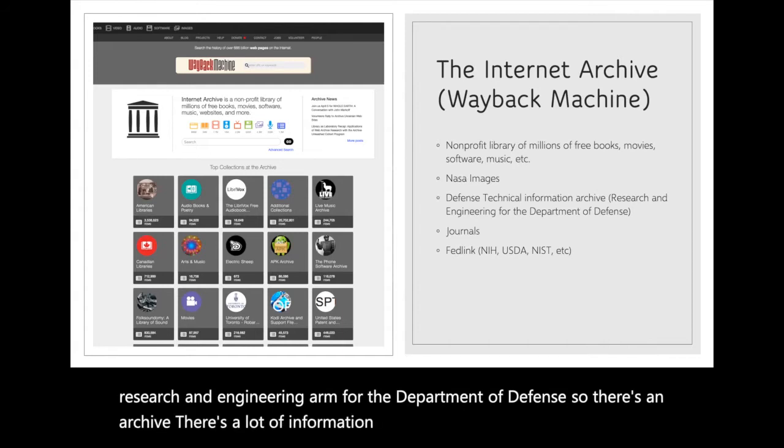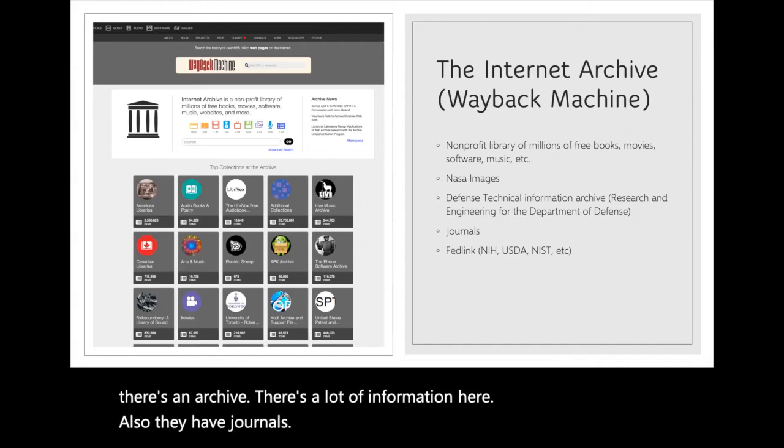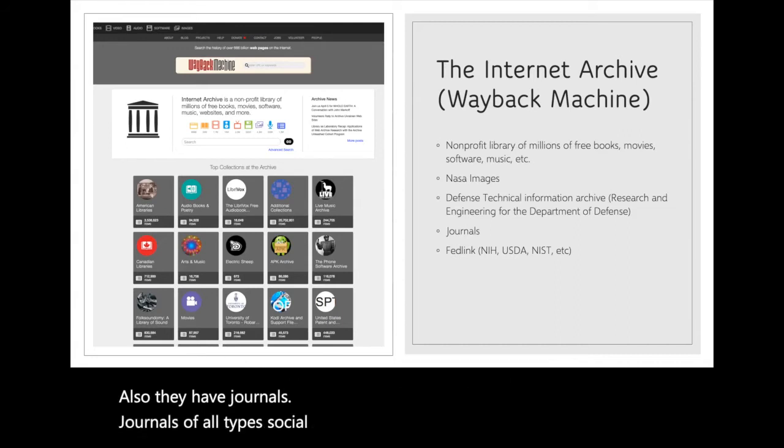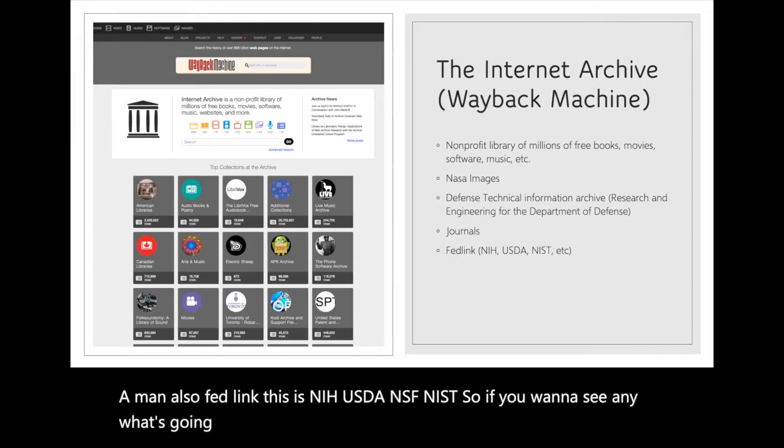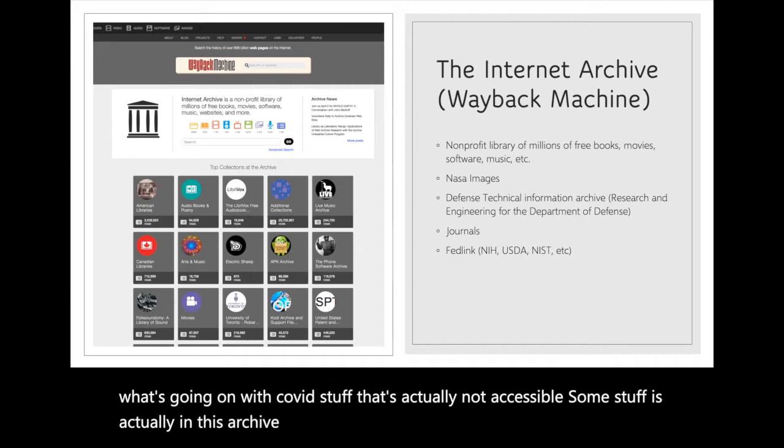Also, they have journals of all types, social sciences, physical sciences, and also FedLink. This is NIH, USDA, and NIST. So if you want to see what's going on with COVID, stuff that's not otherwise accessible, some of it is in its archive, and this is the place you'd have to go to get it.